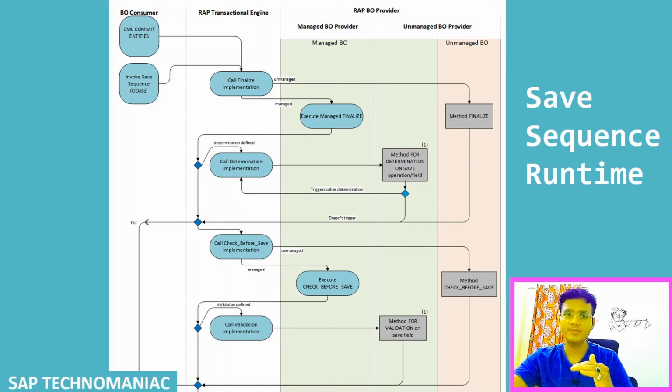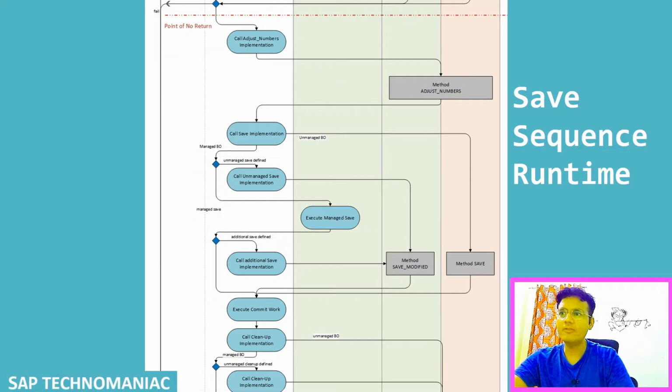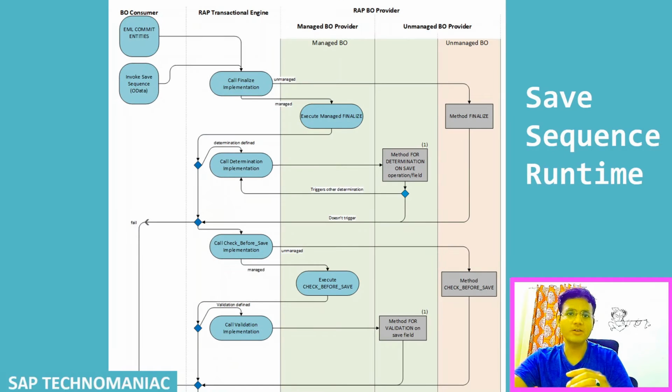After that, one line will come, which we call the point of no return, where we can't go back in the transaction. So this is the last method if you want to make your BO consistent, in case something wrong happened, before I go for the further step.